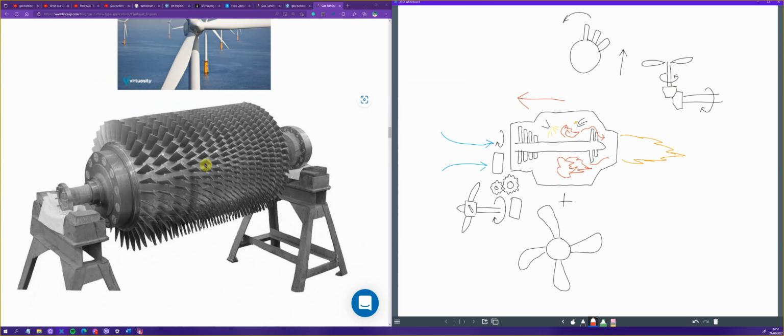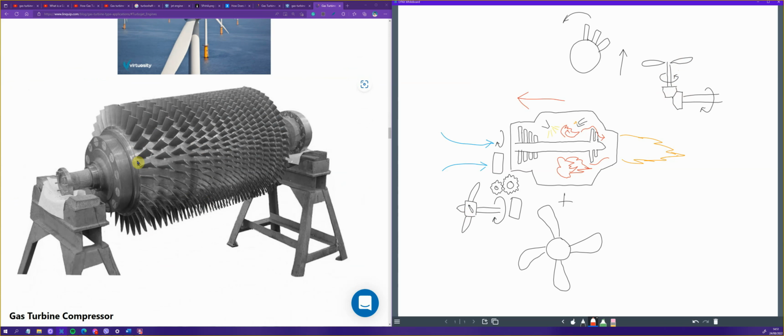Ano napapansin nyo dun sa fan blades niya? Sa turbine blades? Ano napapansin nyo doon sa size niya?